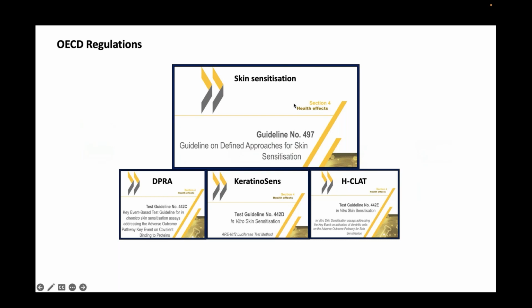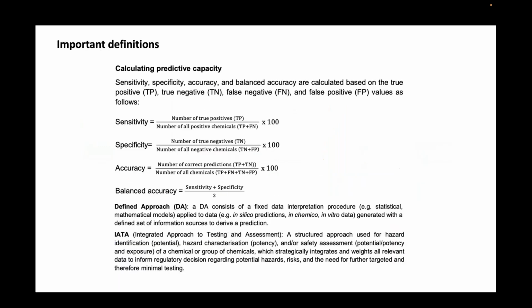This describes the whole process of skin sensitization assessment. There are 3 sub-guidances on the 3 assays which I have shown you before, on the 3 different key events. So the DPRA assay is regulated by a specific sub-guidance. The KeratinoSens and the h-CLAT are all regulated. So this includes sample preparation, experimental conditions, and how you have to interpret your data in the end as well.